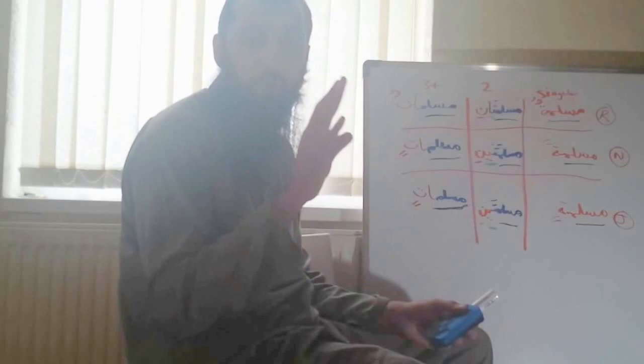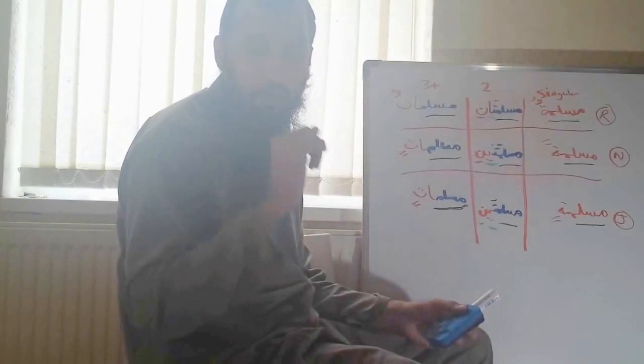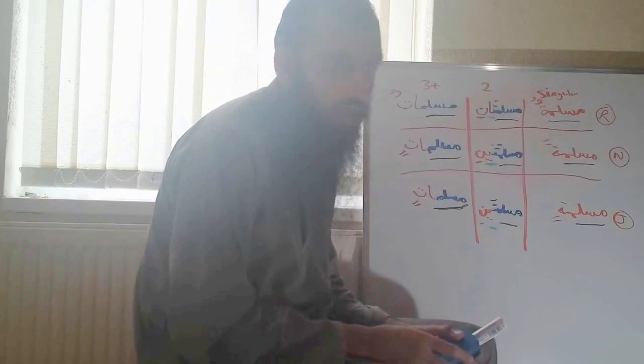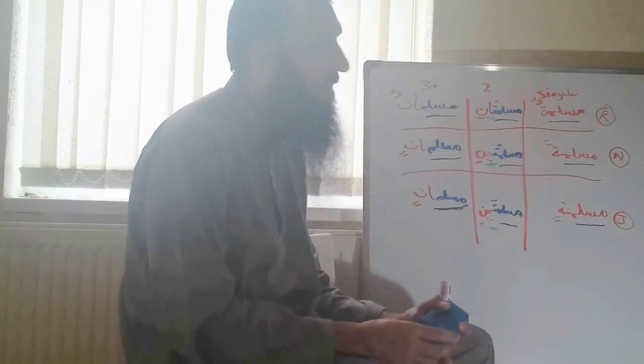So it's exactly the same as before, like muslimun, musliman, muslimin. Again, qalamani, qalamaini, qalamaini, exactly the same as muslimani, muslimaini, muslimaini. However, the broken plural, as you can see, is different. The ending is different in the sense that it's broken up.